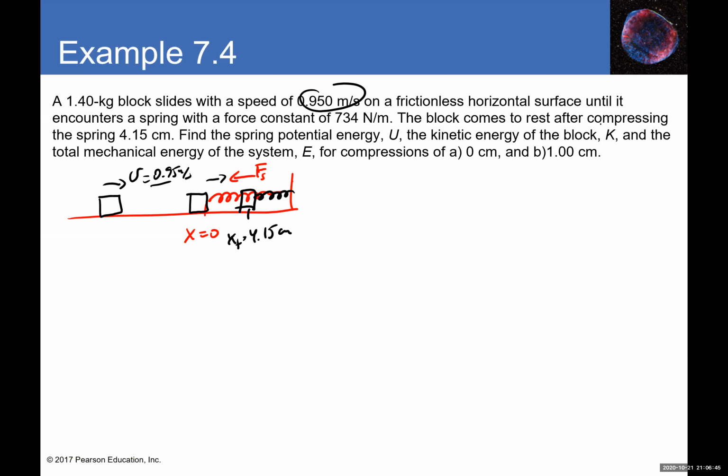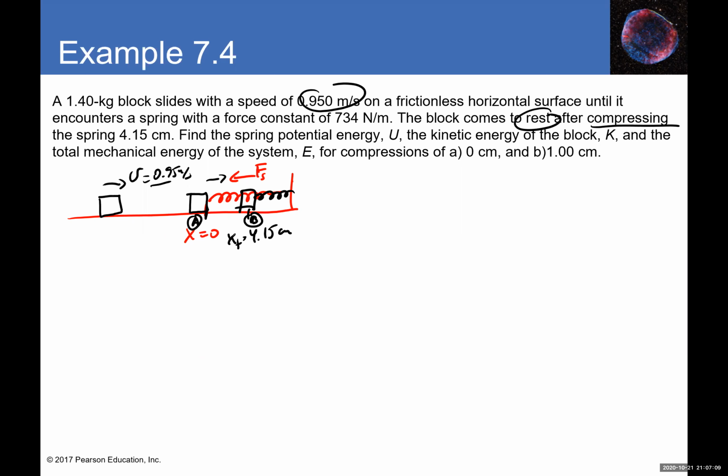That means this is the maximum compression, where it comes to rest. So we can say this is point A, which is the point right where it makes contact with the spring. Point B here is the maximum compression where it comes to rest.